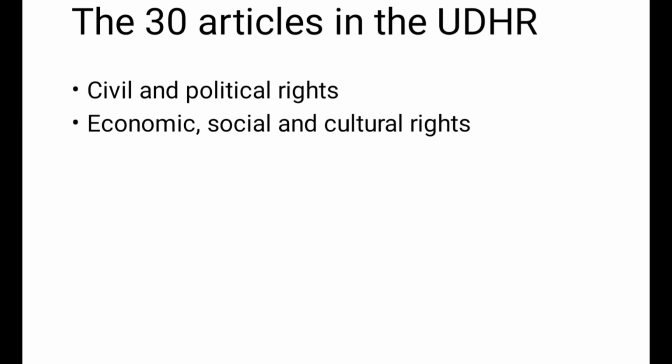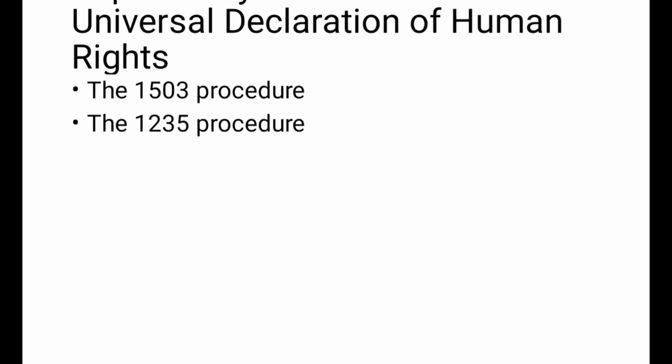When we talk about the supervisory mechanisms, we are talking about the United Nations putting in place procedures by which it would monitor how the states, parties, nations that sign the Universal Declaration of Human Rights are implementing the provisions contained in this document or not.